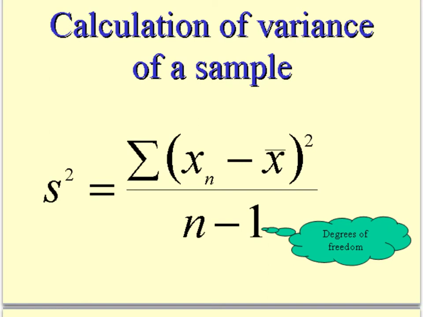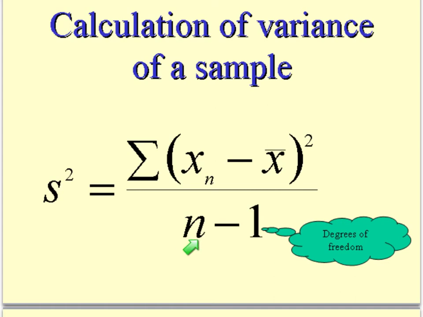Now here's the full formula for the calculation of a variance of a sample, and that's all the steps we just did. We took the deviations, we squared the deviations, we added the deviations, and then we divided by how many there were. Now, notice that this is n minus 1. A moment ago, we only divided by n.